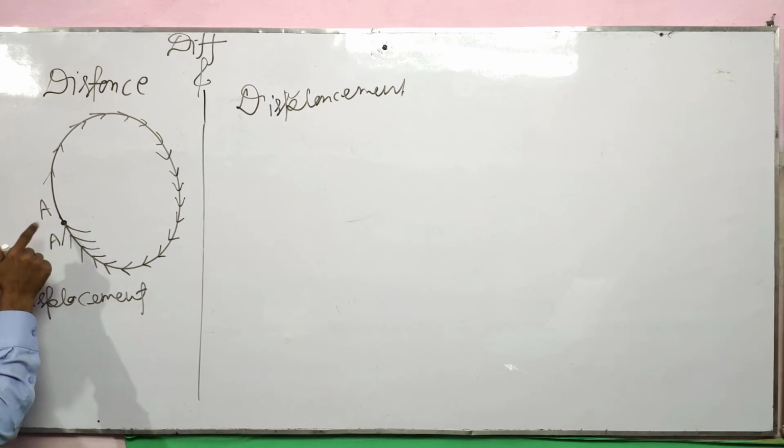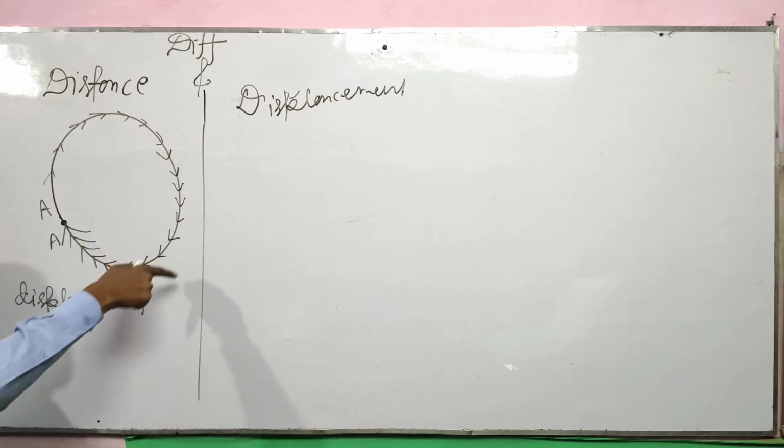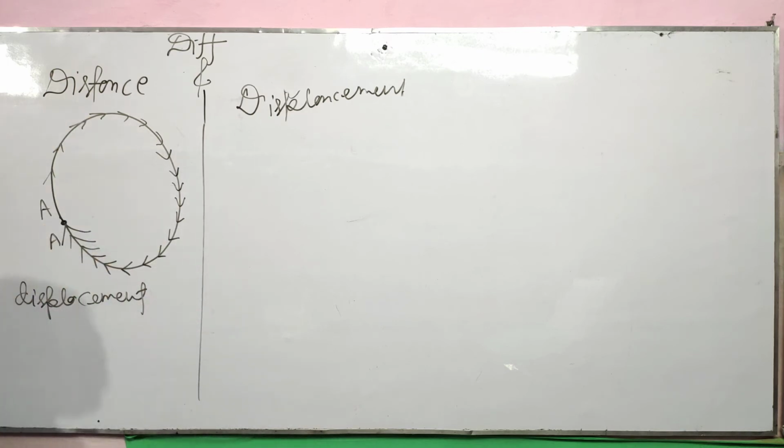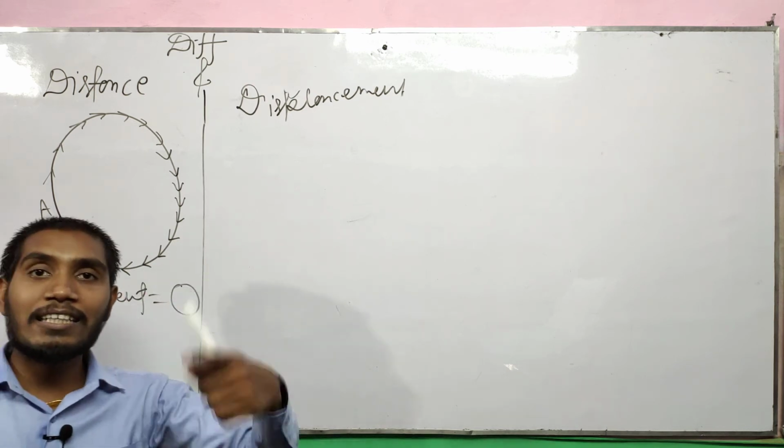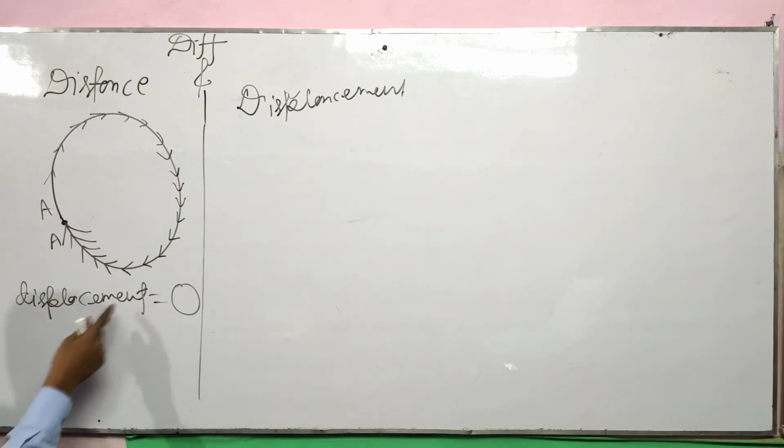I am starting my motion from A and reached also at A. So the distance between initial and final point is what? Zero. So the displacement between starting and last point is 0.